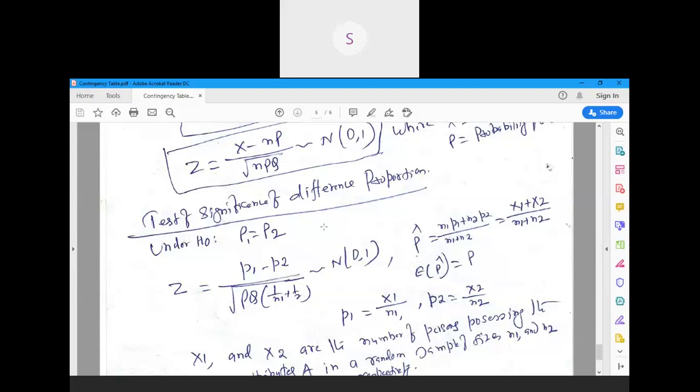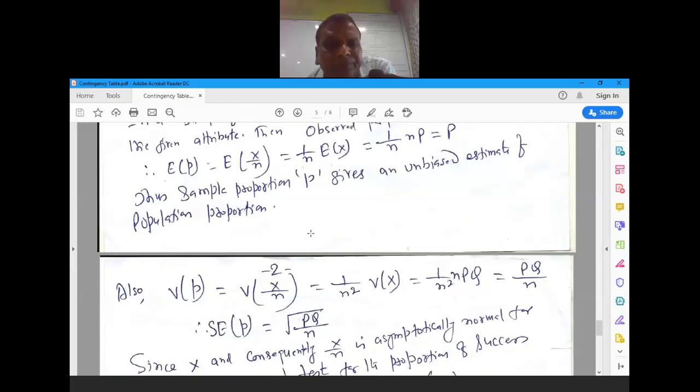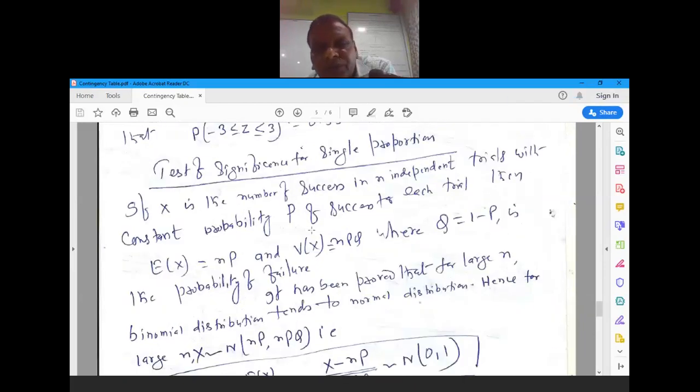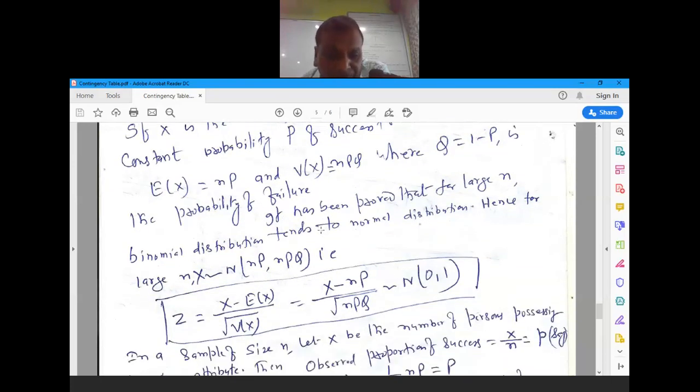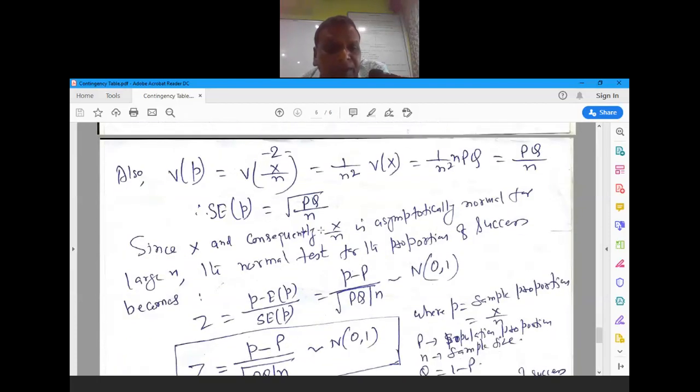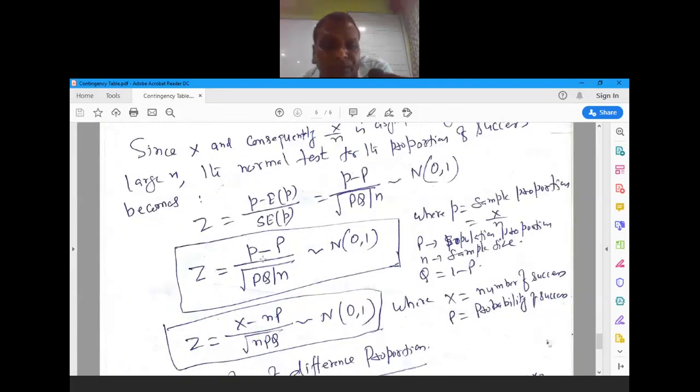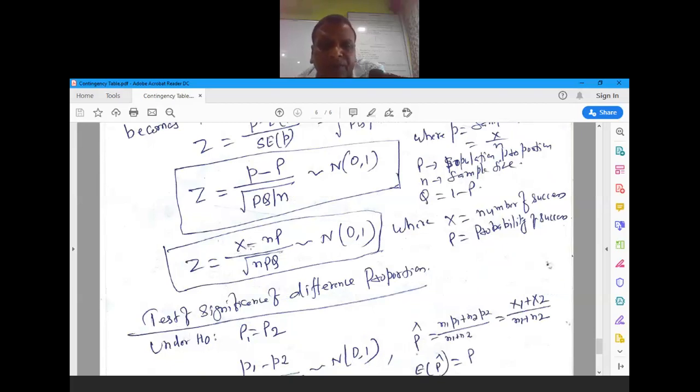So in the Z test, we have discussed two applications: first, test of significance for single proportion, and second, test of difference of proportion. Again, for single proportion you have two statistics: Z equals small p minus capital P over the square root of PQ upon N, and Z equals X minus NP divided by the square root of NPQ.